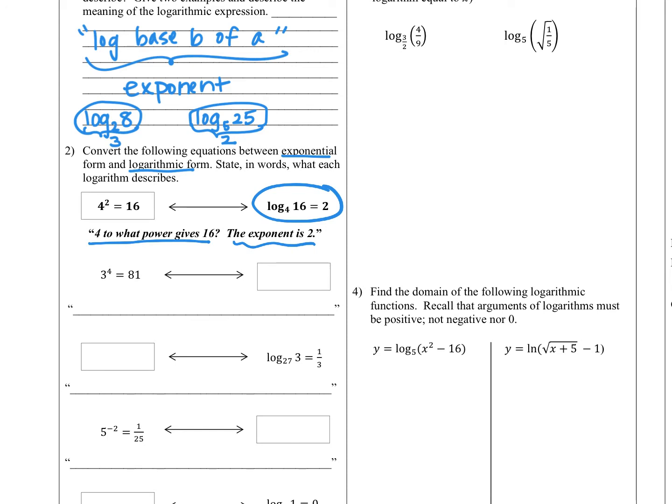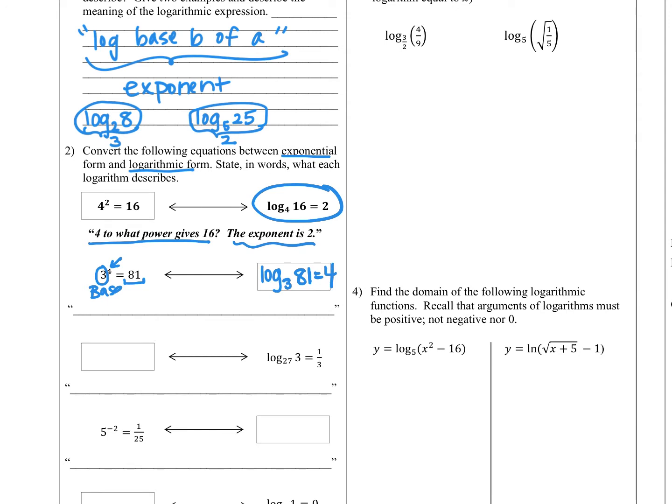So when we're looking at 3 to the 4th equals 81, that's log base 3 of 81, and that's equal to 4. Again, this number 3, that's our base. 4 is the answer to a log, and then 81 is the answer to an exponent, that whole flip-flop thing.